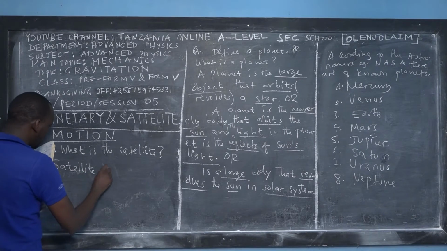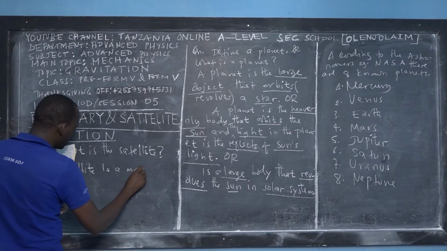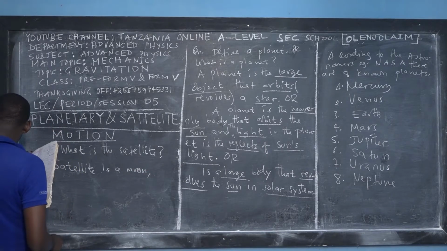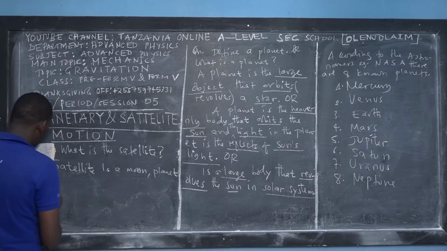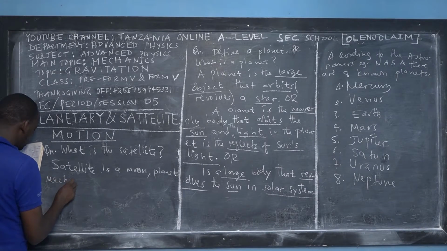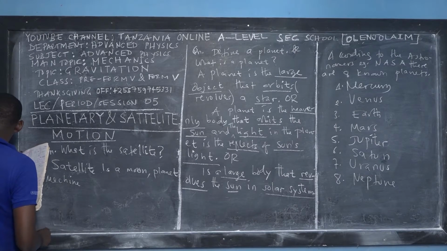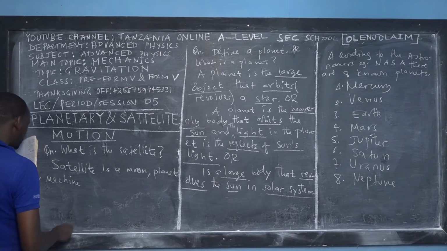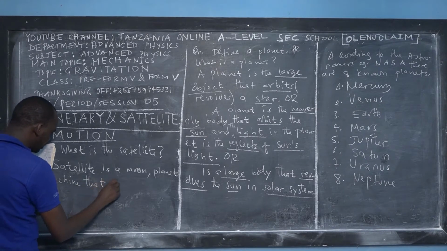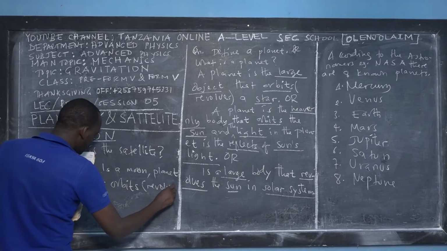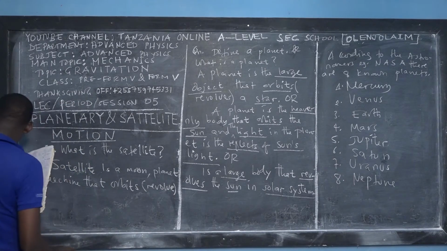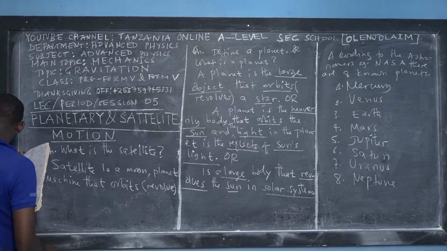A satellite is a moon, a natural satellite, or a planet or a machine that orbits a planet or a star. Remember, the word orbits means revolves.